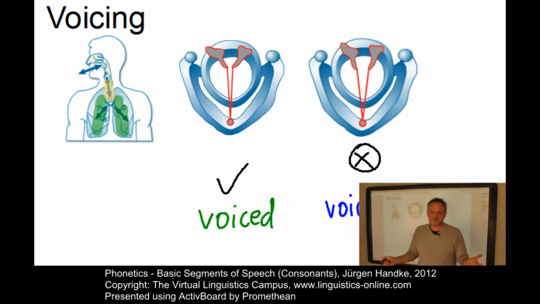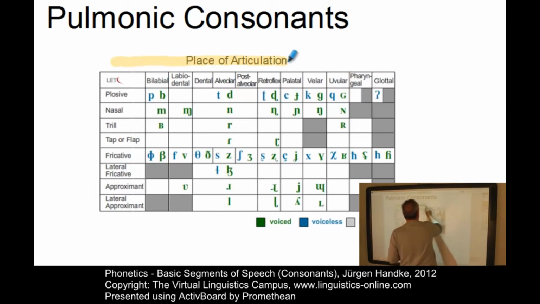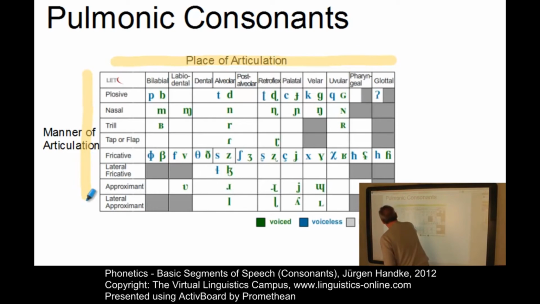Now, with these three parameters, we can now classify the consonants of the languages of the world. Here is the consonantal chart, and as you can see, we have our two main parameters: the place of articulation represented horizontally, and the manner of articulation represented vertically. The distinction between voiceless and voiced is drawn on the basis of the position of pairs such as p and b in the cells.